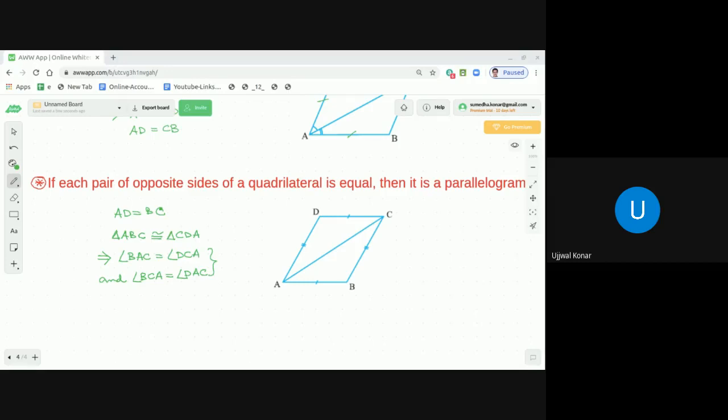It is a matter of a 10-minute experiment. You can easily construct a parallelogram using the geometry box, with just straight lines and graph paper. Once it is constructed, you can measure the opposite angles and you will find they are equal.